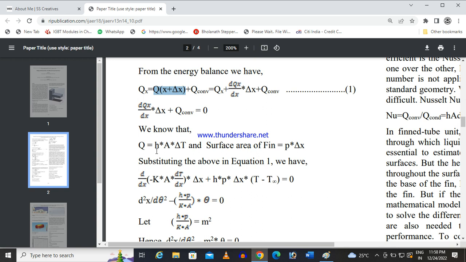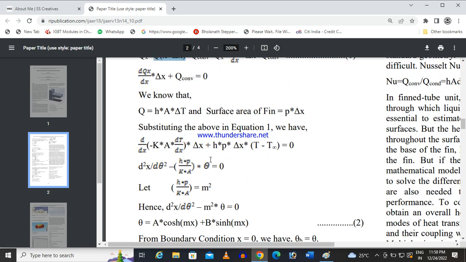Then we know Q is equal to hA delta T, and here for the surface area, we have taken a small slice del x, so perimeter into del x. We are substituting that value here. Qx is again a function of Q equal to, as per Fourier's law, minus kA dT by dx.